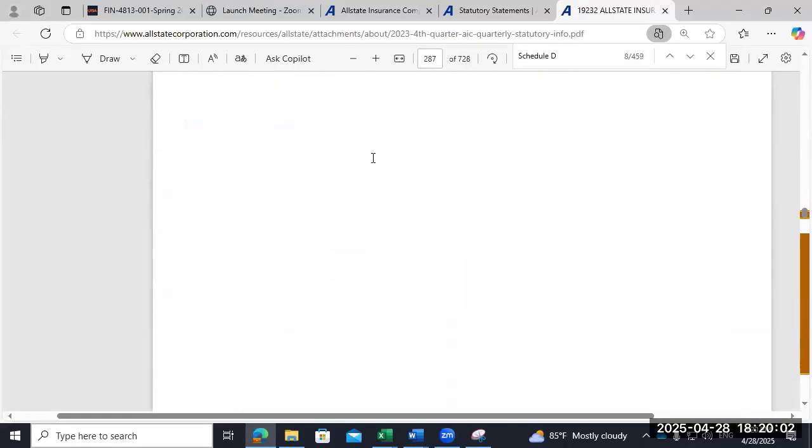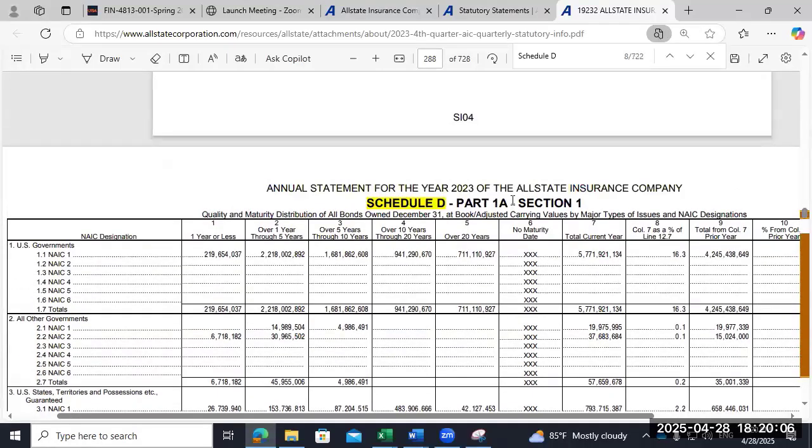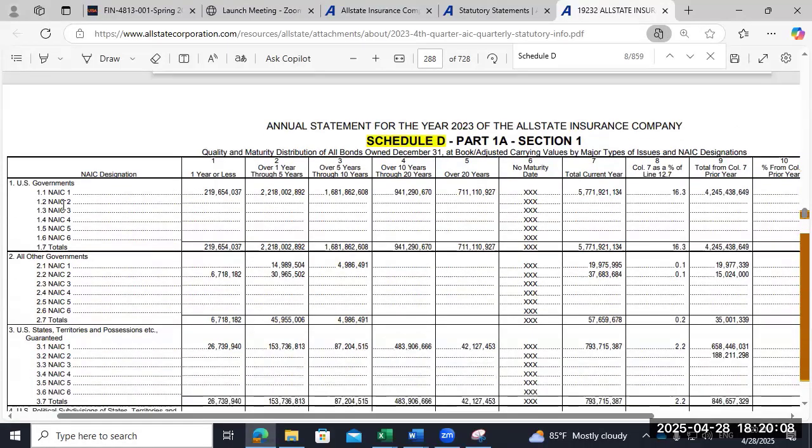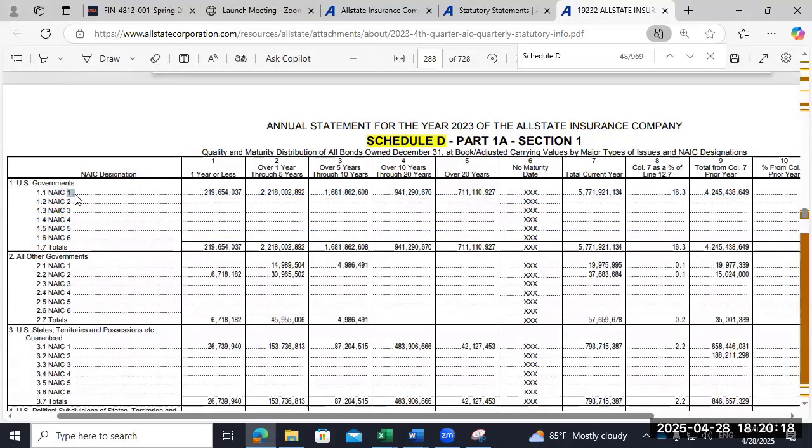There's an entry page, and then look at this. This is Schedule D Part 1A. They show you all the U.S. government bonds they own, other governments, state and territories, and these are credit ratings. NA1, that's like a triple A, double A, triple B, below investment grade. I think fours are the below investment grade. Just a massive amount of information.